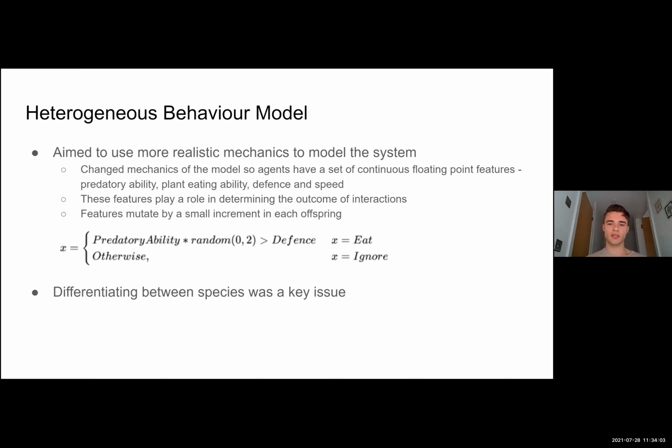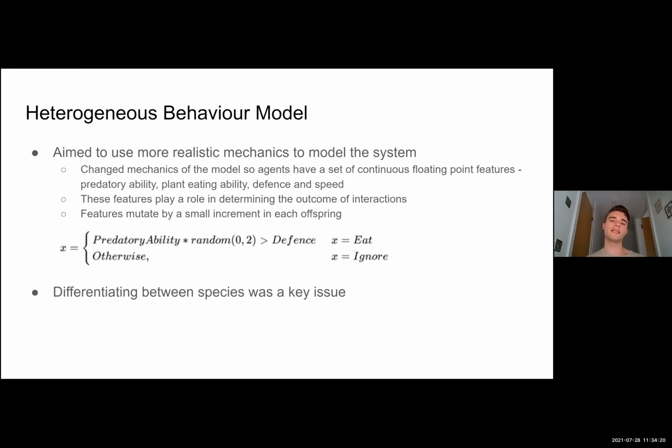And each of these continuous features mutates by a very small increment as each offspring is produced, with the idea being that over multiple generations, evolution can occur from this process.